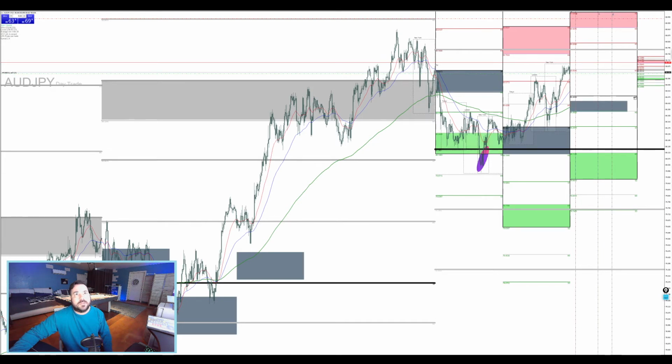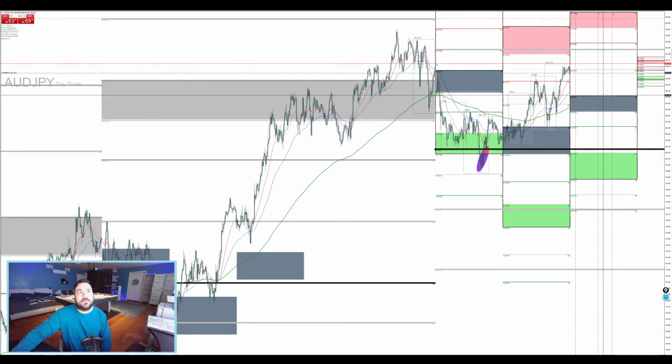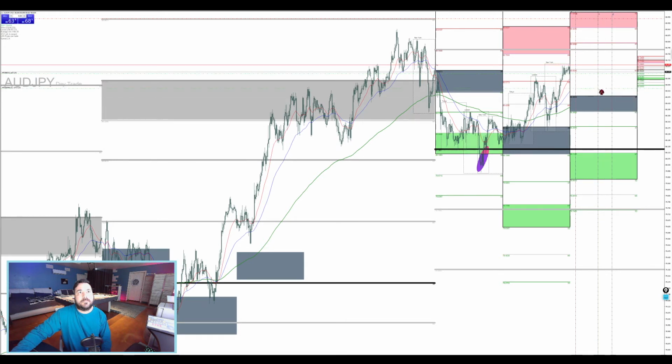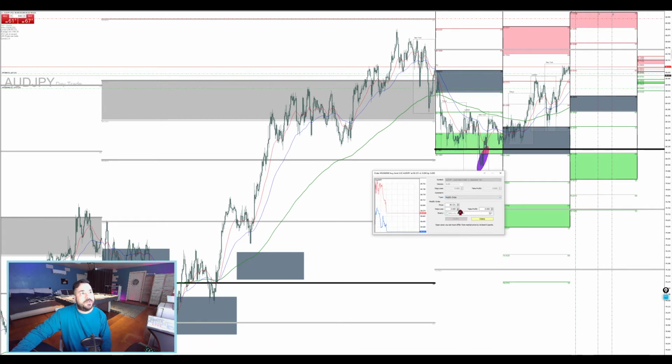Okay, so this one's going to be the central pivot. And my spread is 2.4. I went 2 times the spread.